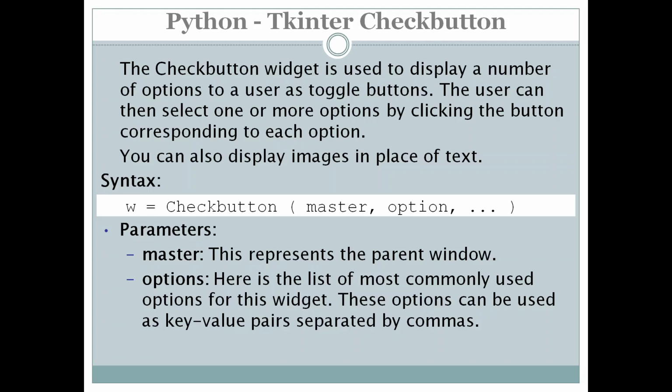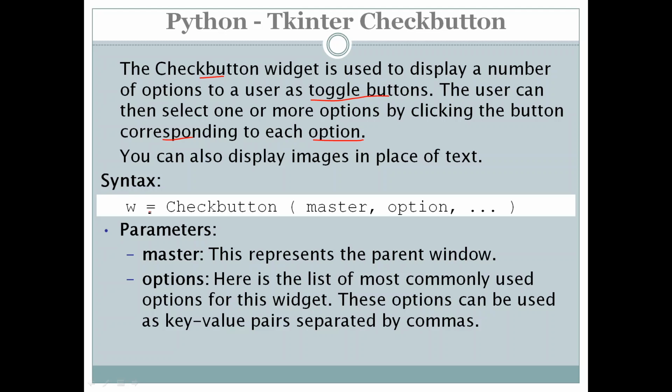So checkboxes are graphical objects which can be checked or unchecked. The check button widget is used to display a number of options to a user as toggle buttons. The user can then select one or more options by clicking the button corresponding to each option.